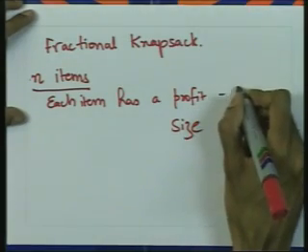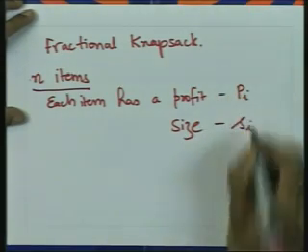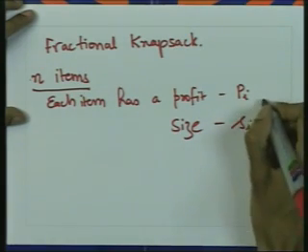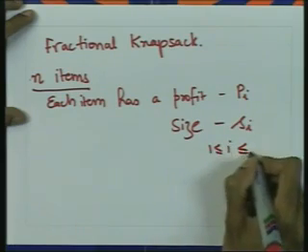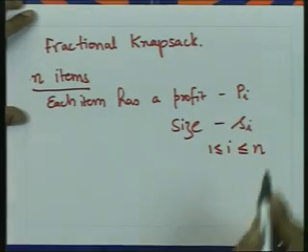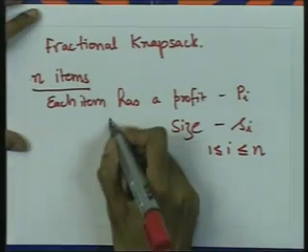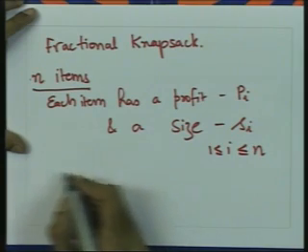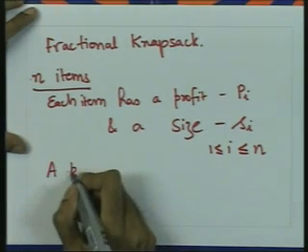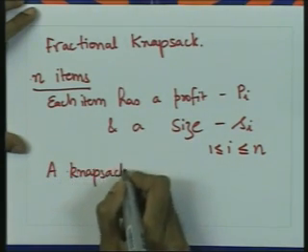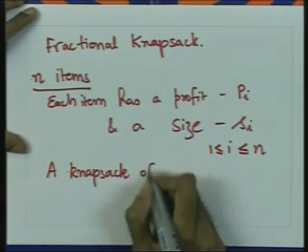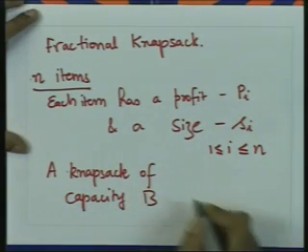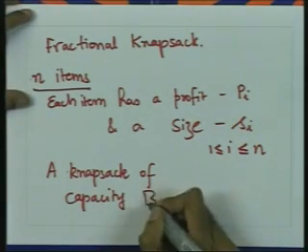Okay, so this is Pi and this is Si, let's say for 1 less than or equal to i less than or equal to n. Okay, each item has a profit Pi and a size Si associated with it. You have a knapsack of capacity B, say.